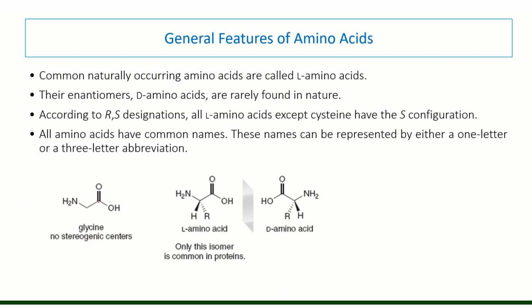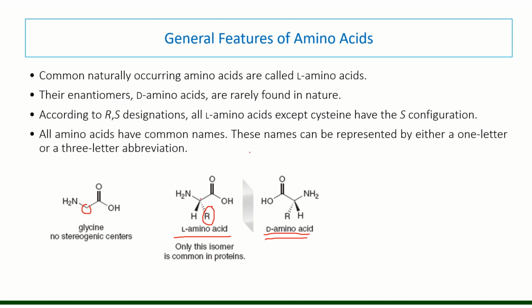So here we have glycine. As I said to you before, it's achiral. But then you can see that we have here, for example, the general amino acid. It's predominantly L, meaning that if you look at the Fischer projection, the R group is on the left. The enantiomer, of course, is D, and these are not common at all in nature.